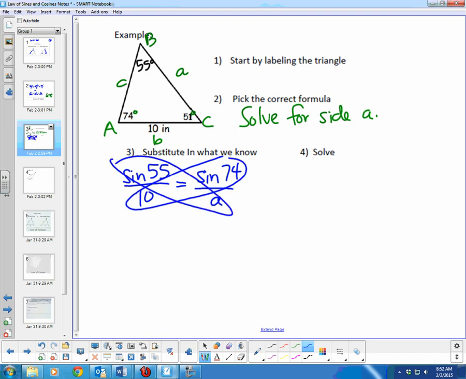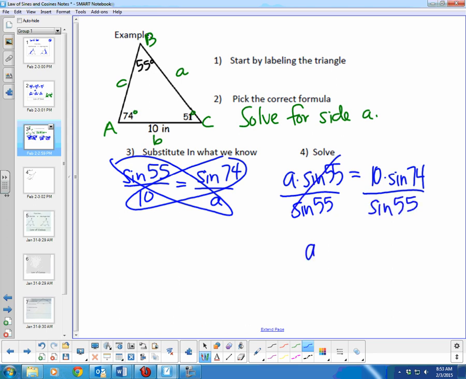If we cross multiply, then it will be A times sine of 55 is equal to 10 times sine of 74. And then if we're solving for A, we would divide by sine of 55 on each side.